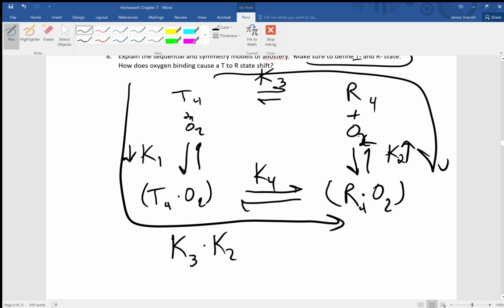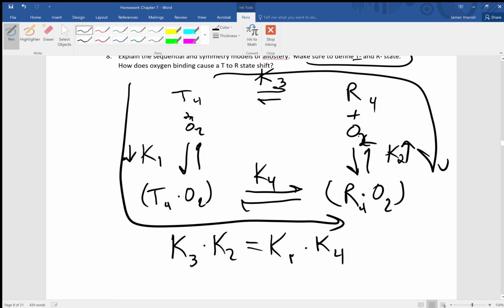So it doesn't matter which way we go, we're starting off in the same point, ending in the same point. So the energy and therefore equilibrium of the two paths should be identical. So the going down and then to the right path would have an overall equilibrium constant of K1 times K4 here.